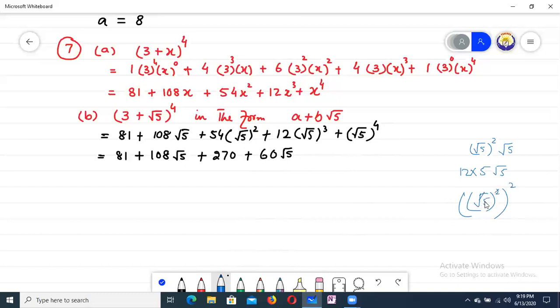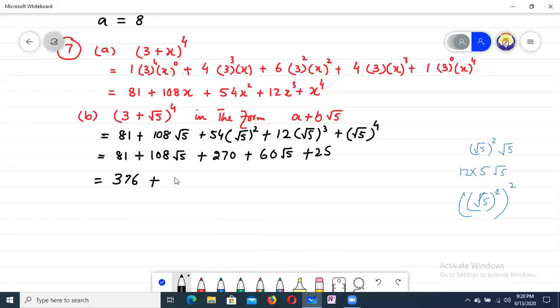1 square cancels with the square root, then 1 square will be on 5. 5 square is 25. It means at the end here will be 25. Now we will add the constant terms here without this square root 5. 81 plus 270 plus 25 will be 376.